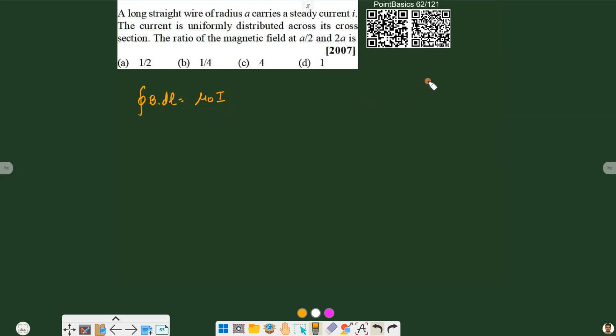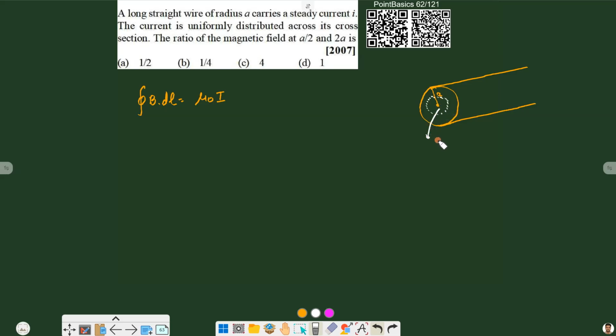Now suppose we have a wire here, and its radius is A. So this distance is A, and we are finding the magnetic field at A by 2. So for that what we have to do? We have to make a small circle of radius equal to A by 2.